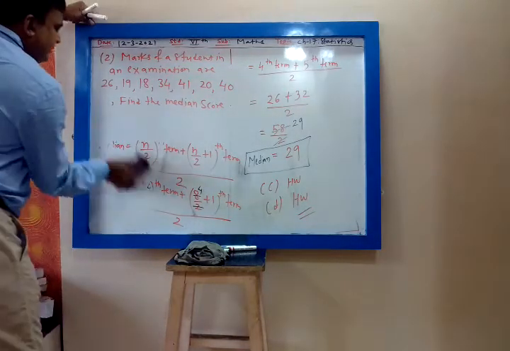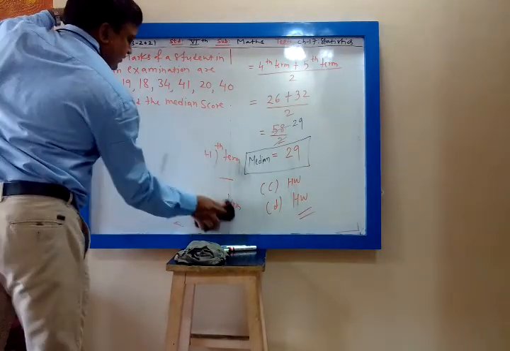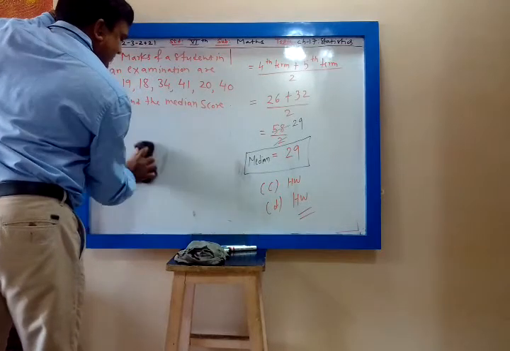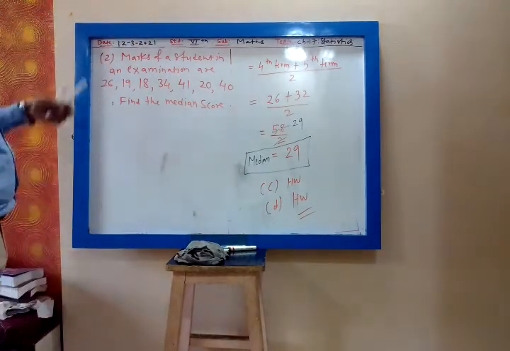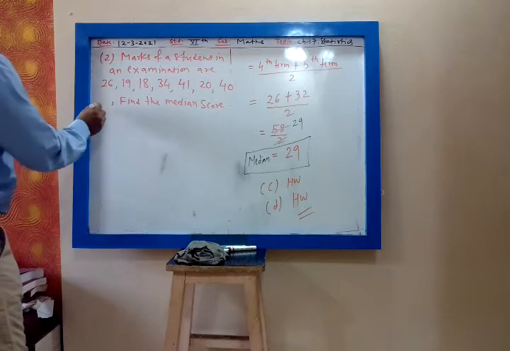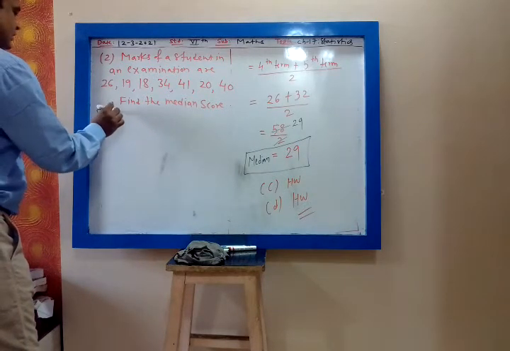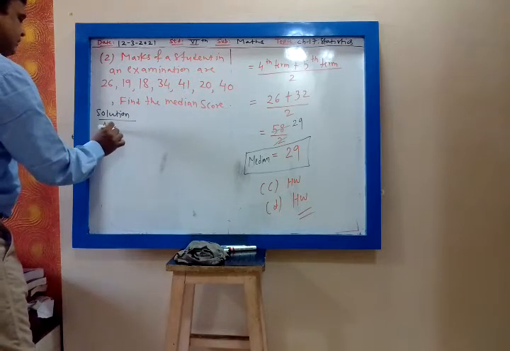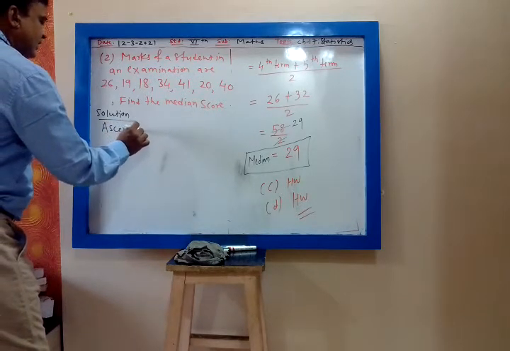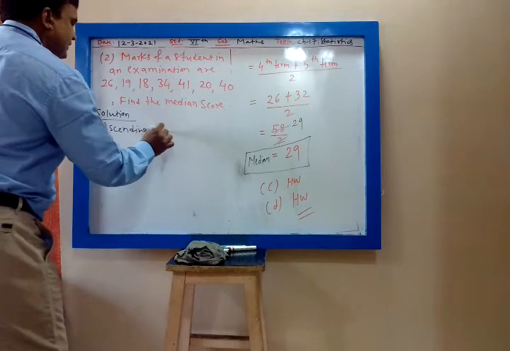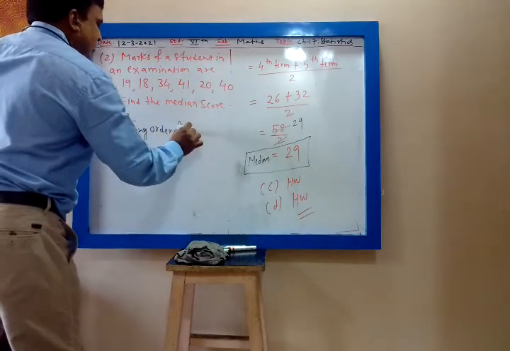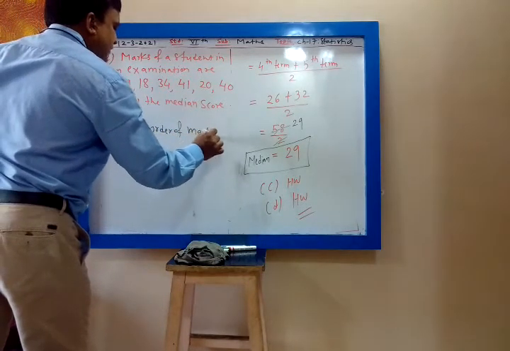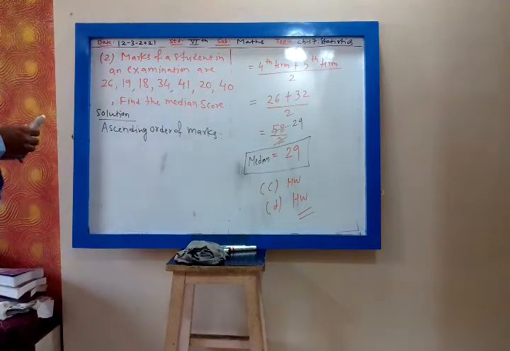So first you arrange the marks in ascending order, from small to bigger. Write down: ascending order of marks. First you have to arrange the marks in ascending order.